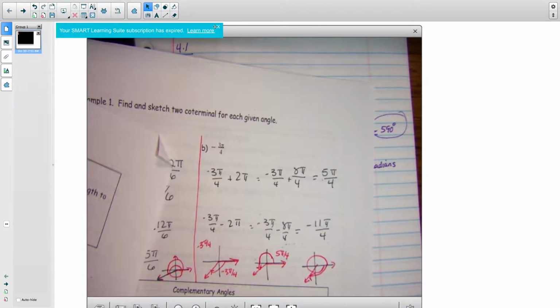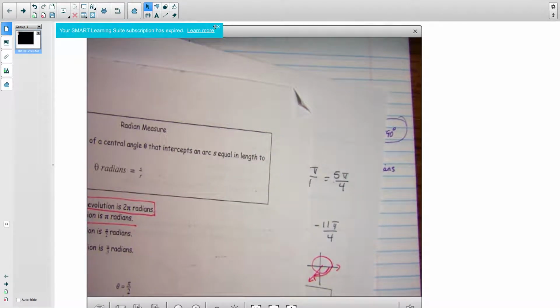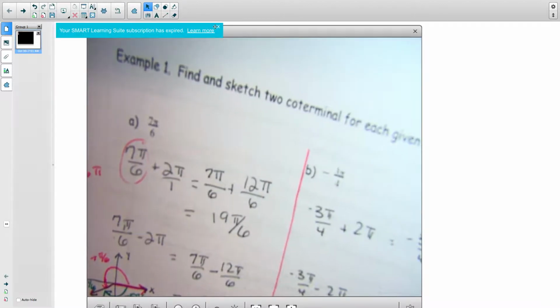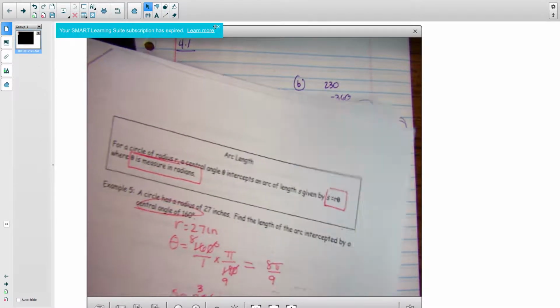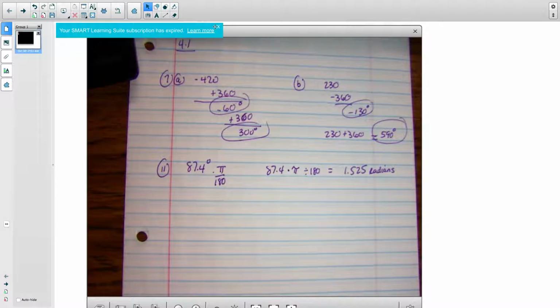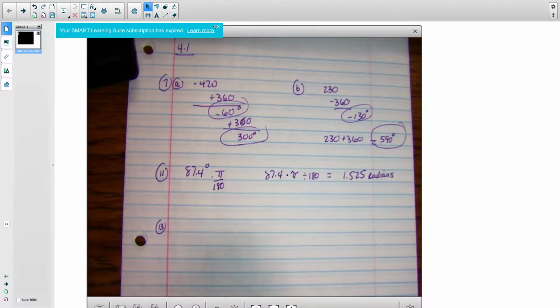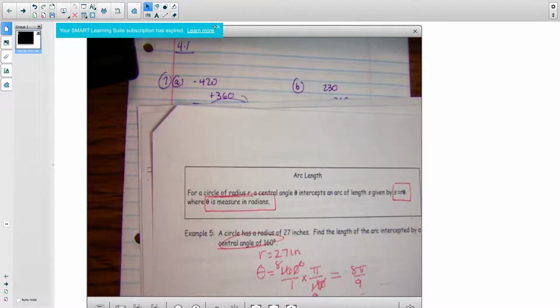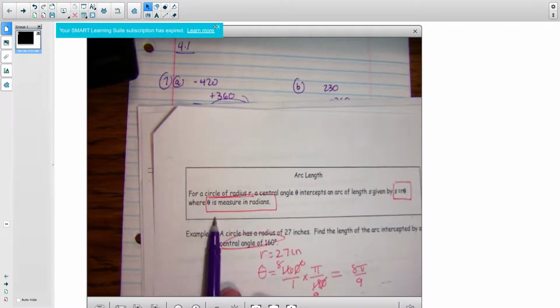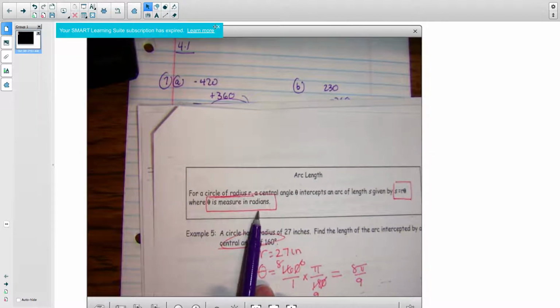Yep, it's S equals R theta, but what's important about it? Theta has to be in radians. Okay? Theta has to be in radians.